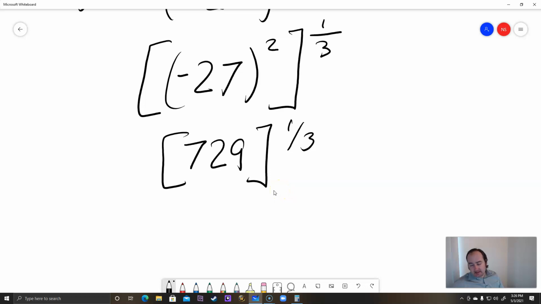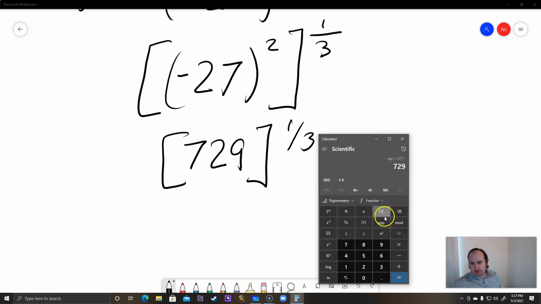And if you want to just be lazy about it, you can do this on your calculator. We would just do 729, and then press the exponent button, and then parentheses, 1/3. So 1 divided by 3, end parentheses. Press enter, and we get 9.